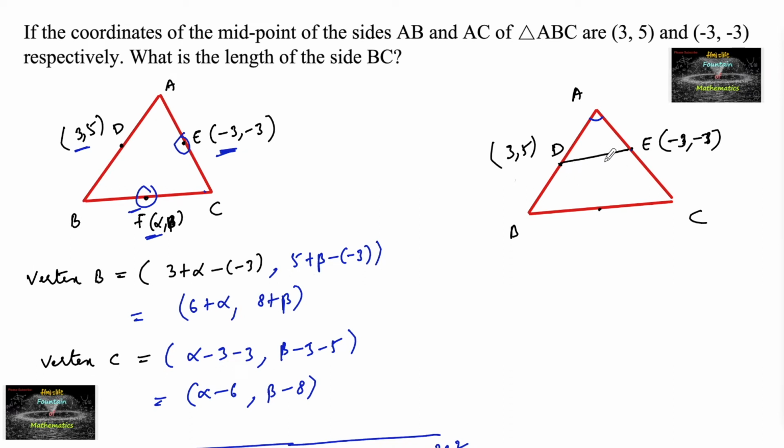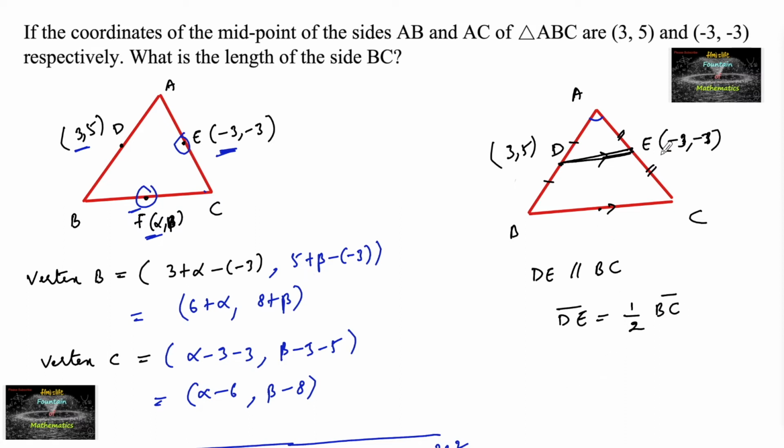We know that AD and DB are equal and AE and EC are equal, so the line joining the midpoints of two sides of a triangle is parallel to the third side and also half of it. That is, DE is parallel to BC and the length DE will be equal to half the length of BC.